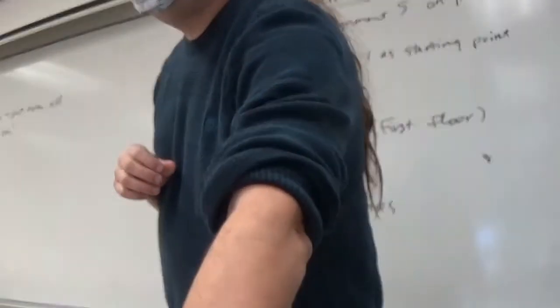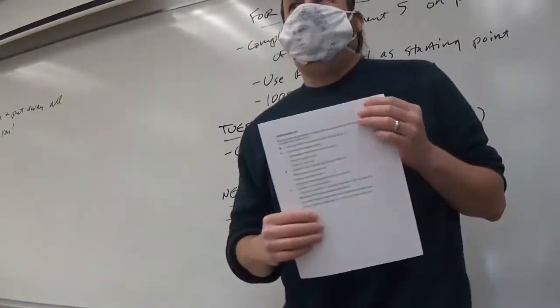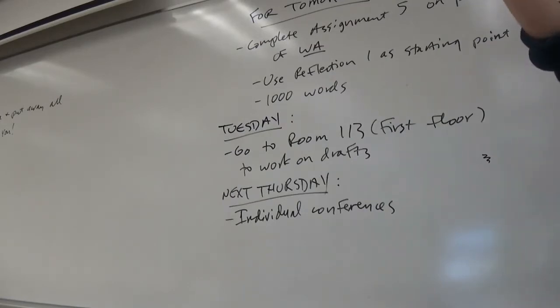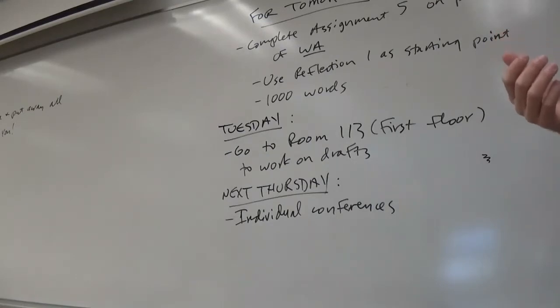Okay, great. So again, we can use our first exploratory reflection to go for reflection 1, or whatever you want. What I don't want you to do is take what you've already written and then just add another 500 words. I do want you to go back and revise and rethink what you've already written, and add to it, and then add more at the bottom.